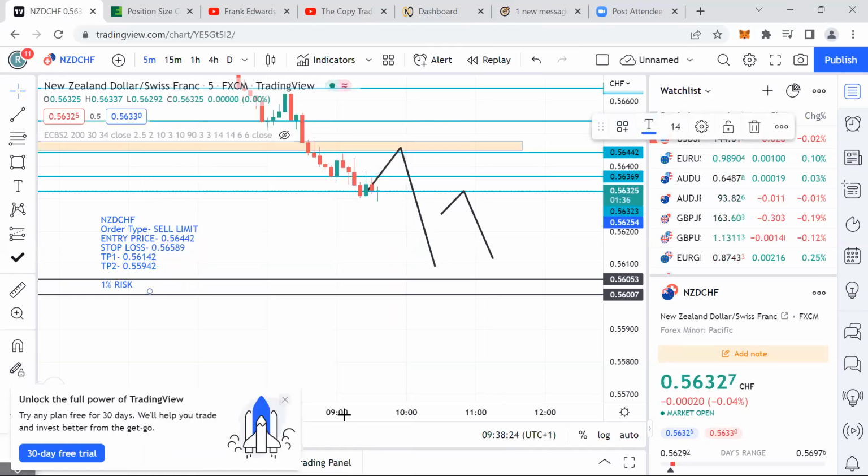Please, your money management is the secret to being here for a long time and being profitable. So if you don't know it, you will be losing and be thinking that trading is not for you. It's just you're not obeying the right money management.